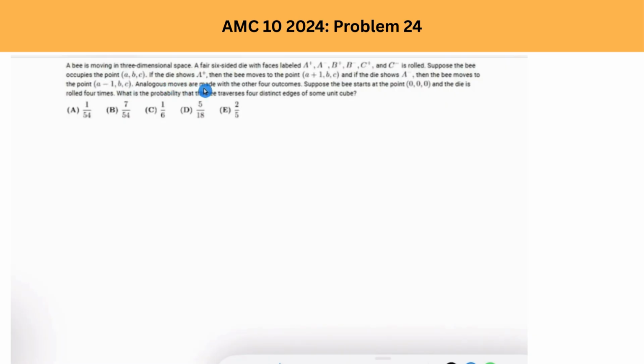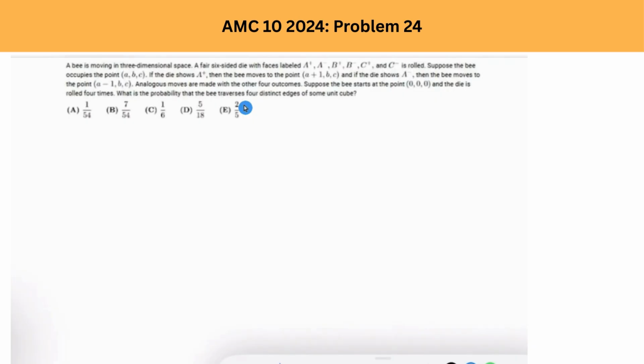If the die shows A plus, then the bee moves to the point A plus 1, B, C, and if the die shows A minus, then the bee moves to the point A minus 1, B, C. And similarly for the other options. Suppose the bee starts at point 000 and the die is rolled 4 times. What is the probability that the bee traverses 4 distinct edges of some unit cube?